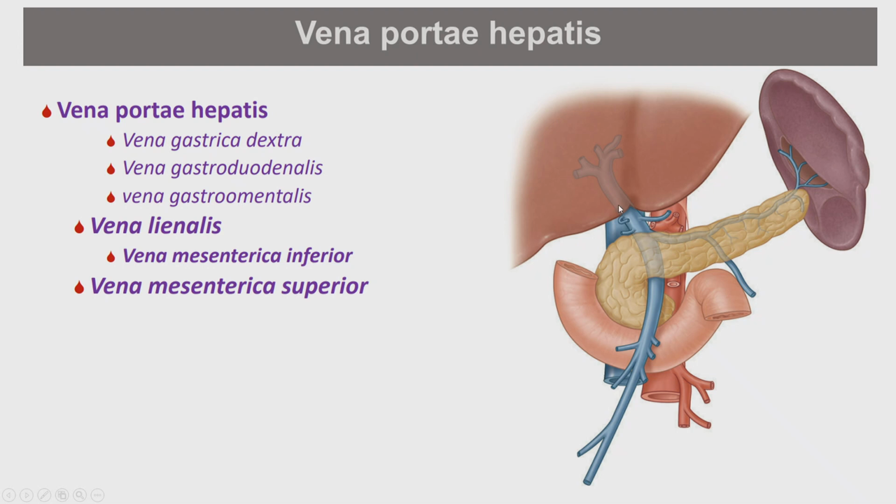There are a few veins that open directly into the trunk of the portal vein. One of them is the gastric veins, the left and right gastric veins, which drain the lesser curvature of the stomach.